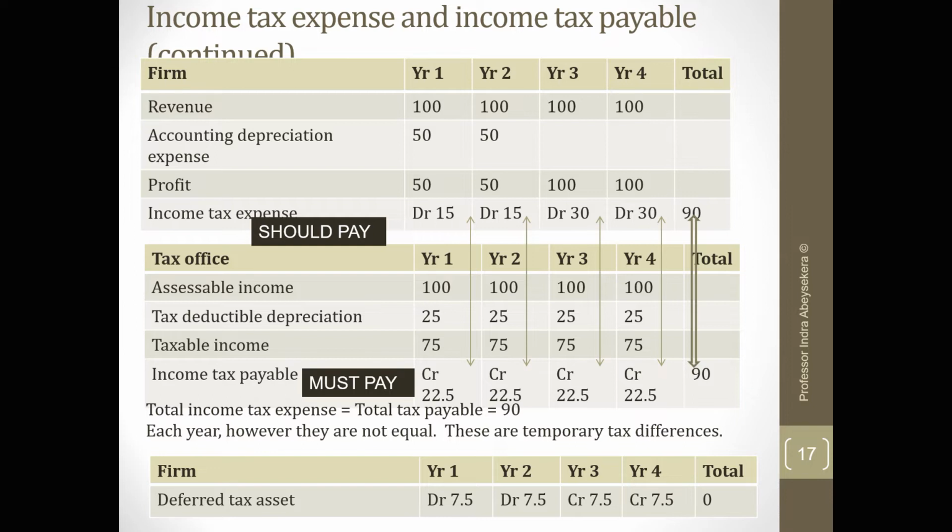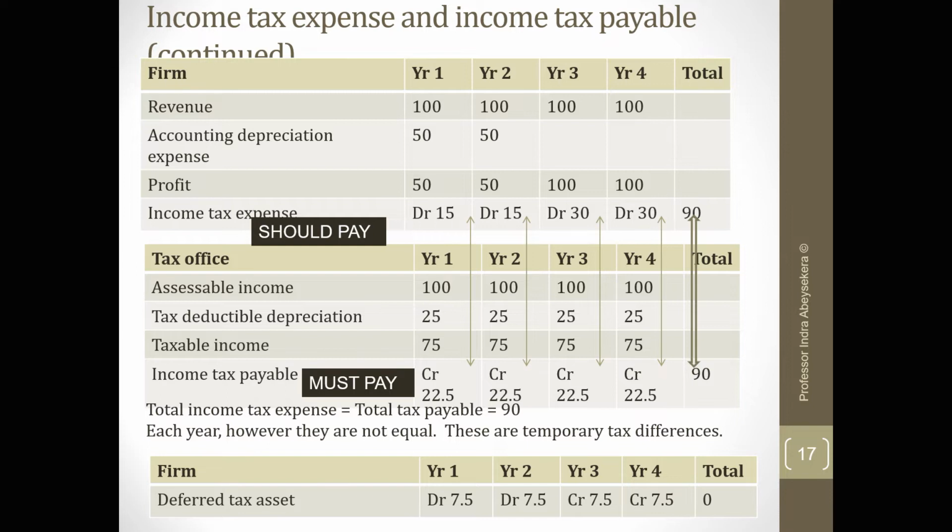In that we show the assessable income, tax deductible depreciation, taxable income, and the income tax payable, and we calculate the income tax payable, and we can see that income tax expense is not equal to income tax payable. So what should be paid is not equal to what must be paid. So there's a difference in the tax, and that difference is called the temporary difference.